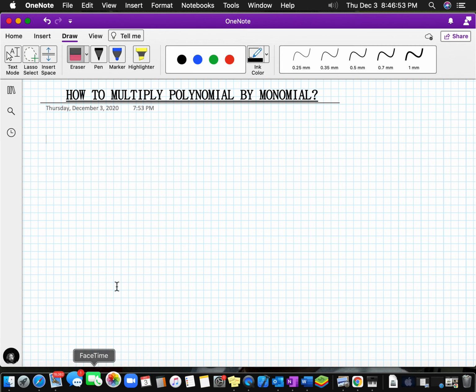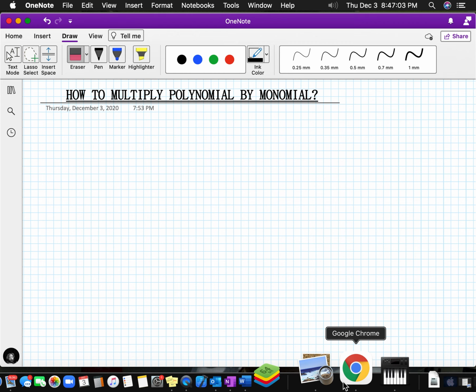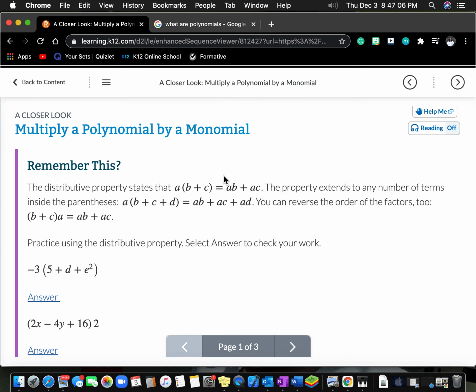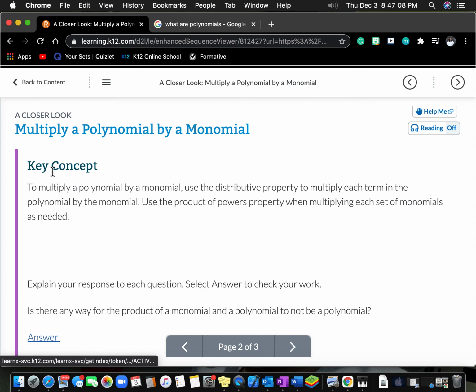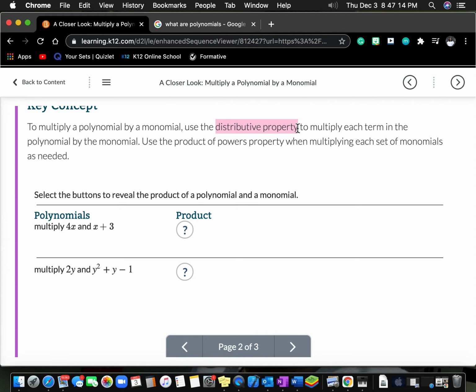Since we got that, we are going to learn how to multiply them. According to our lesson, to multiply a polynomial by a monomial, we have to use the distributive property to multiply each term of the polynomial by the monomial.